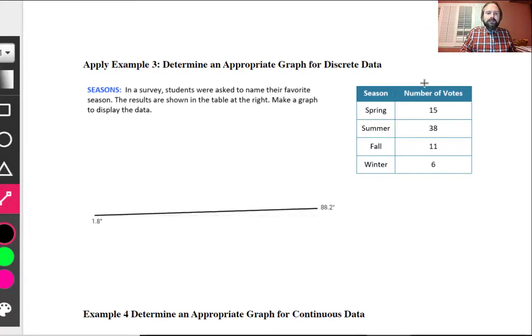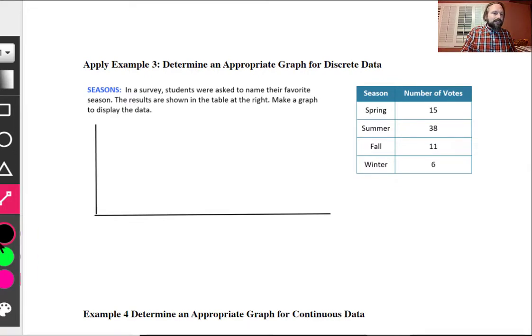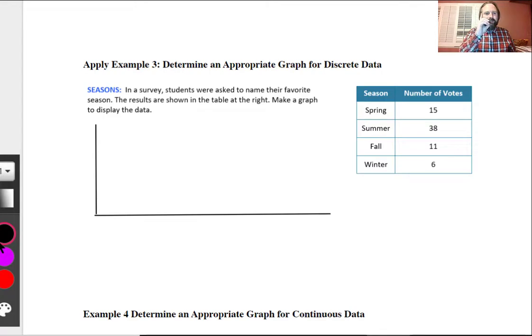So we can display the data with not a histogram, because this is going to be discrete data. Each one of these has specific discrete data. So for example, I'm going to write spring right here. Next up, we're going to write summer. We're going to write fall. We're going to write winter.